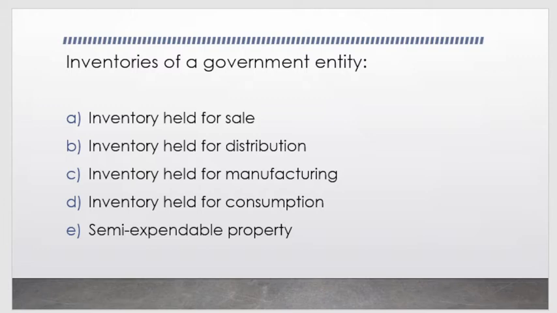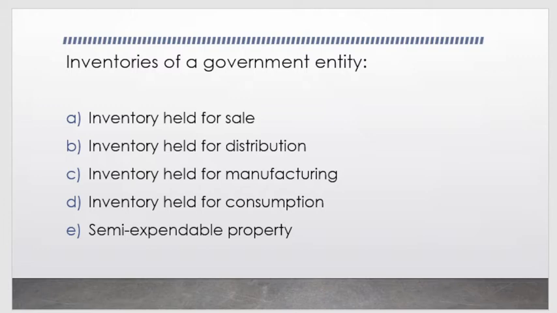So isa-isahin natin. Although these items ay makikita nyo na mismo doon sa revised chart of accounts, kung ano yung description, kung kailan natin itatag yung isang item as inventory held for sale. So it is better if we cite examples, like halimbawa, medicines for sale in government pharmacies.